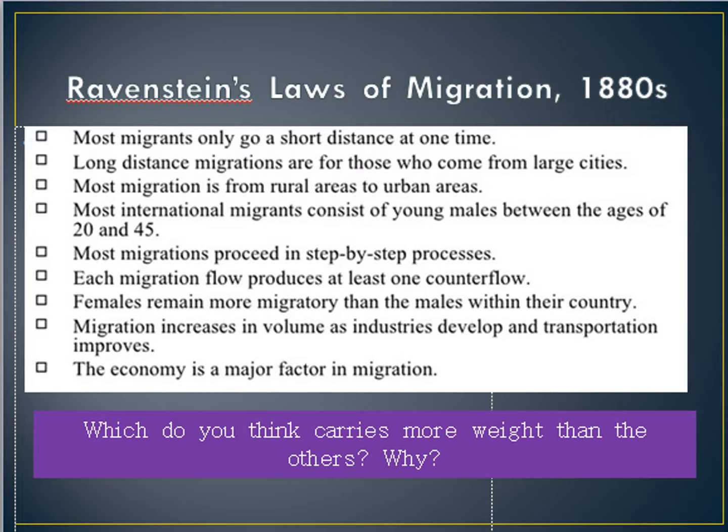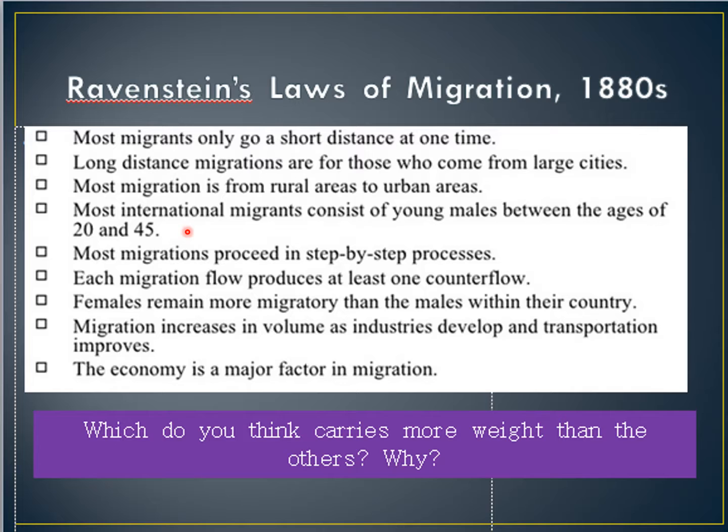So Ravenstein's laws of migration from the 1880s are: Most migrants only go a short distance at a time. Long distance migrations are for those who come from large cities. Most migration is from rural areas to urban areas. Most international migrants consist of young males between the ages of 20 and 45.